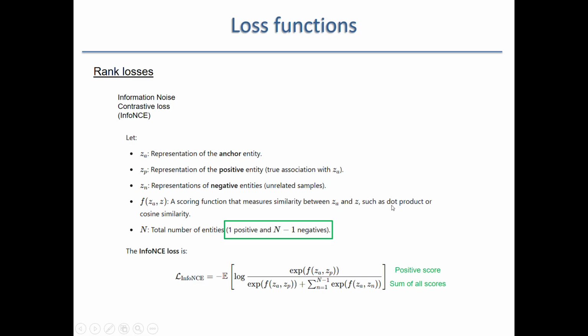This can be dot product, cosine similarity, whatever, and you have one positive and then many negatives. So what you compute is the average, the expected value, of how the positive looks with respect to the anchor, and for all the many negatives, how they look to the anchor. What you want is to minimize this loss.